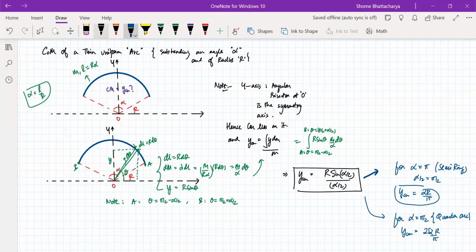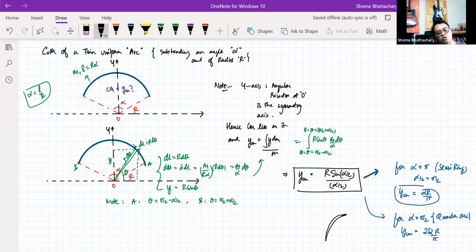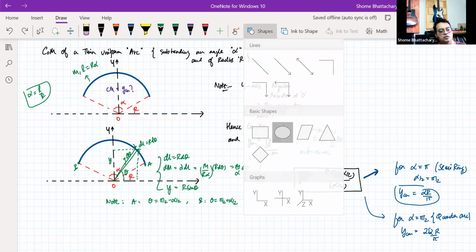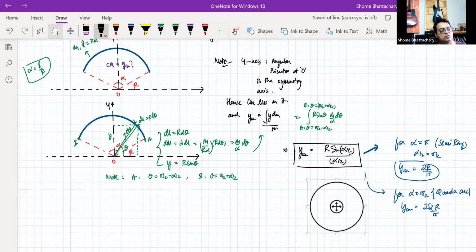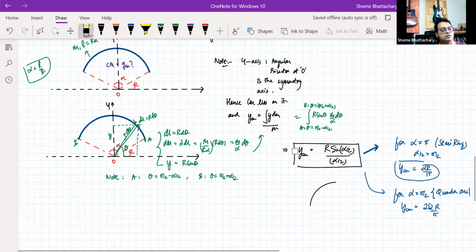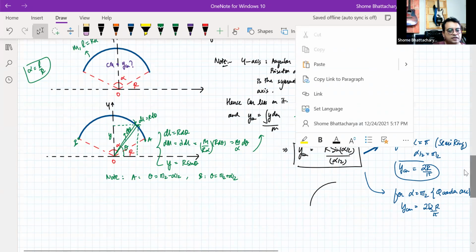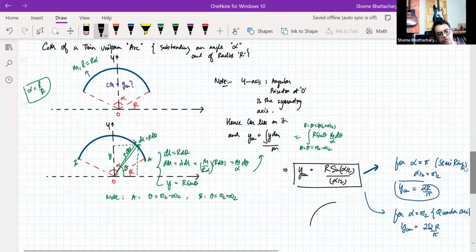So that means if I have a quarter circular arc, let me draw that properly. If I have a quarter arc like this, then that one will be subtending an angle of pi by 2 at the center of curvature.